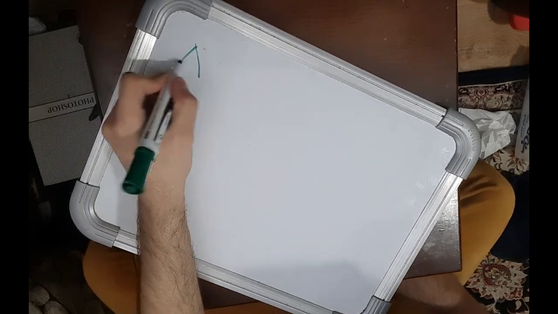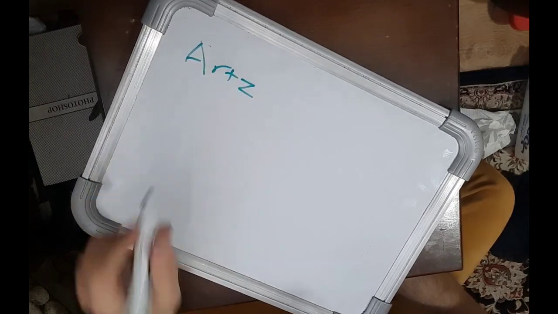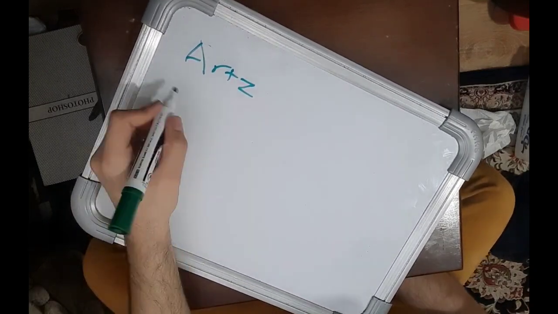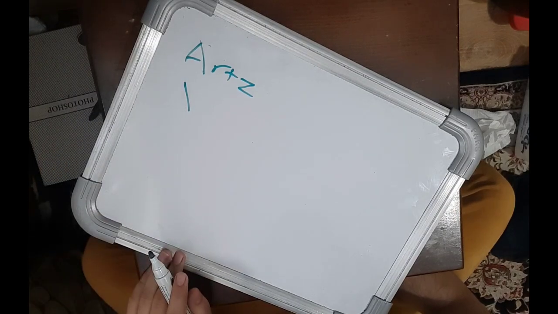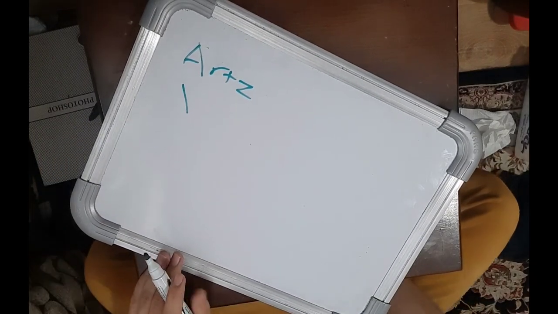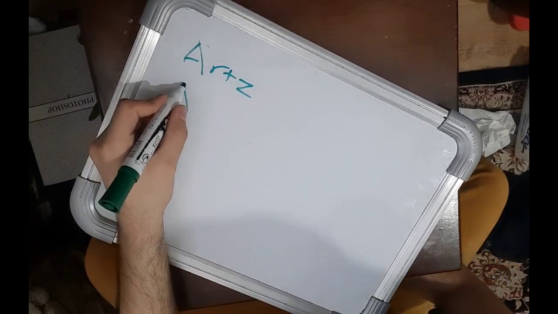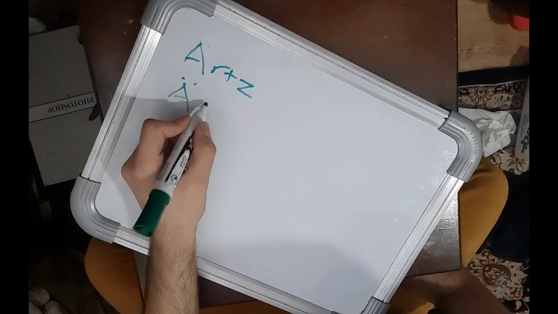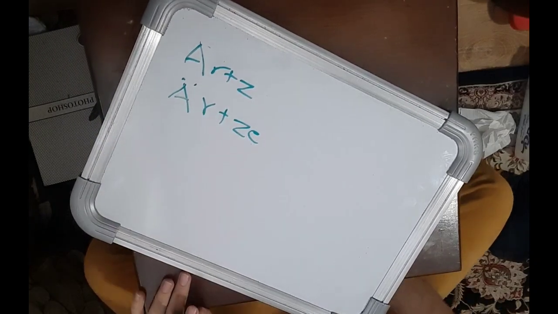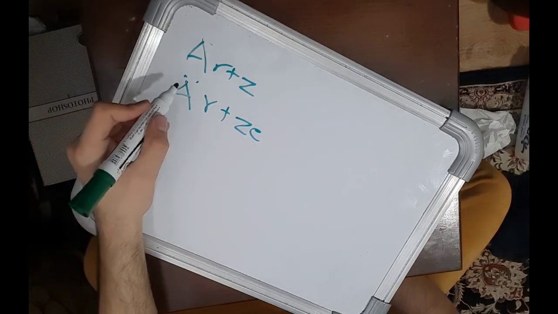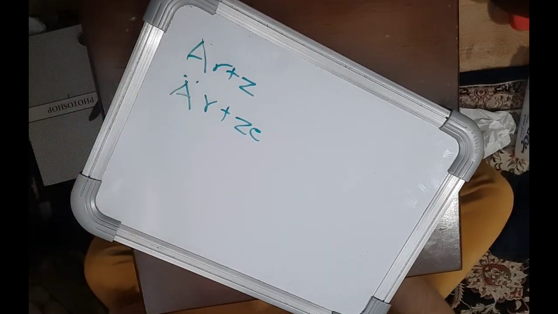Like there's the word Arzt. Arzt means a doctor, or it could be Ärztin for a female doctor. It depends on the gender of the doctor. And then you have the word Ärzte. That is doctors. That's how you pluralize the noun doctor.